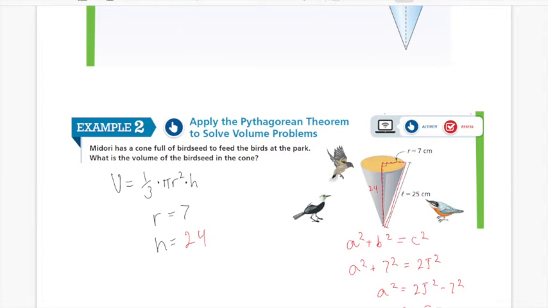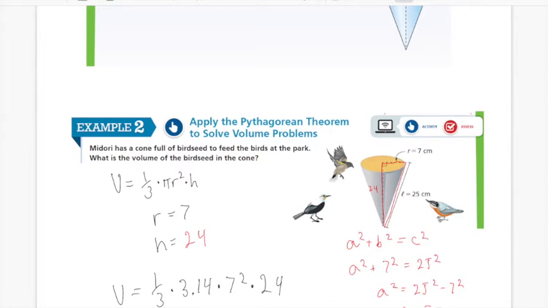So now we can find our volume. Our volume is equal to 1/3 times 3.14 times 7 squared times 24. Go ahead and type this out.